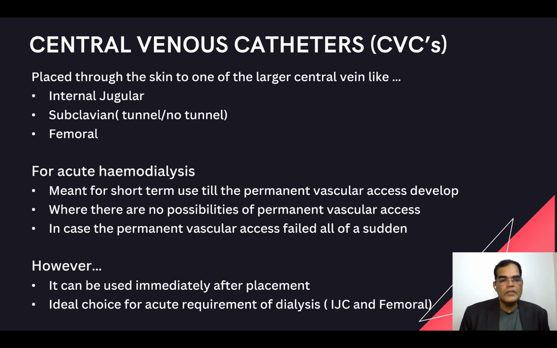This is normally meant for acute hemodialysis. Suppose someone comes all of a sudden for hemodialysis. Most hemodialysis patients, if you look at the history, must have landed up in an emergency or critical care scenario where they may not have known that they had kidney failure.